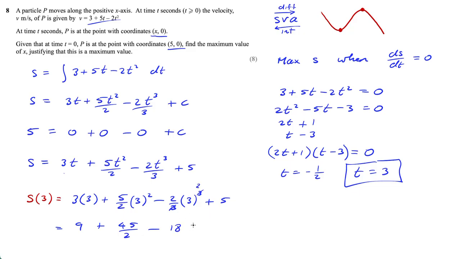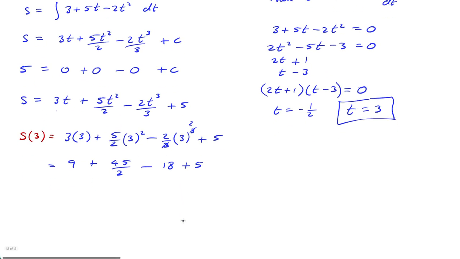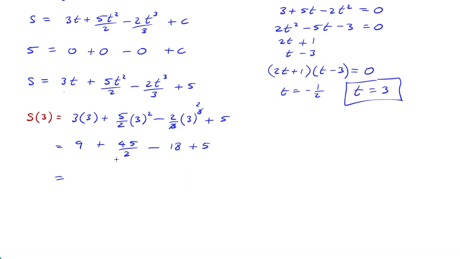May as well finish this in my head. 9 minus 18 is minus 9, plus 5 is minus 4. Minus 4 plus 45 over 2 is minus 8 over 2 plus 45 over 2, which gives 37 over 2.